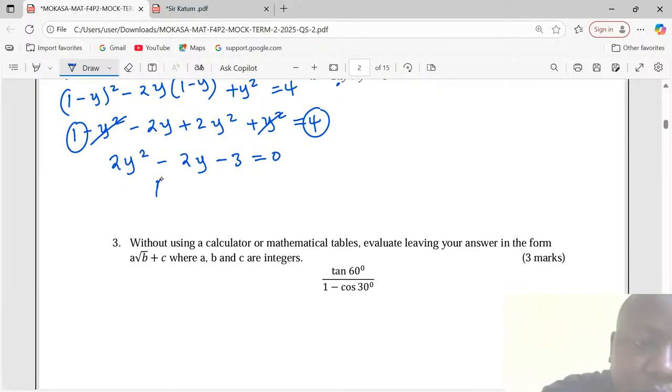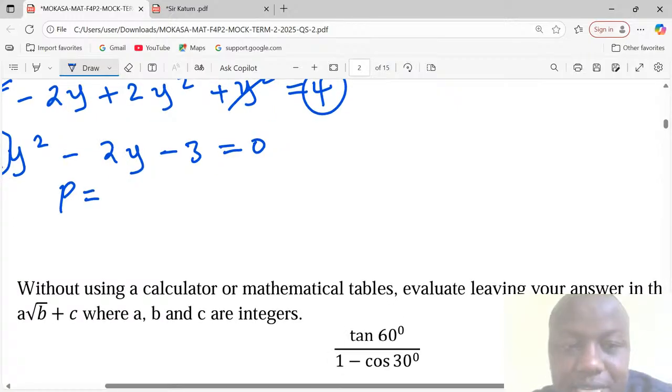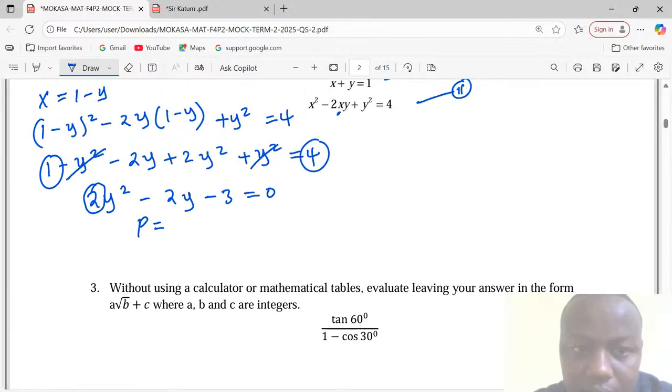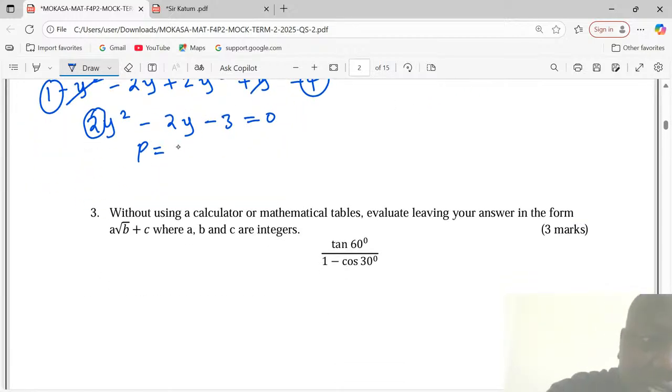So we can take the product of a times c. That gives us a negative 6. Then the sum is the value at b, which is a negative 2.